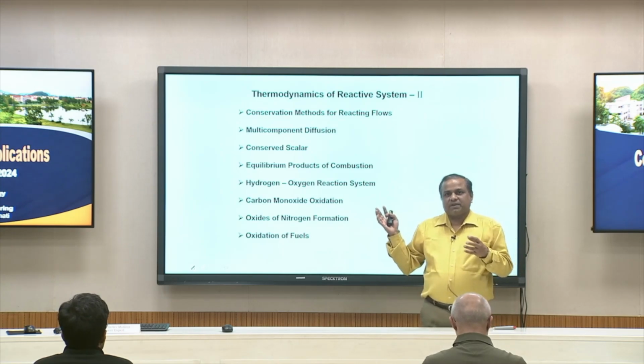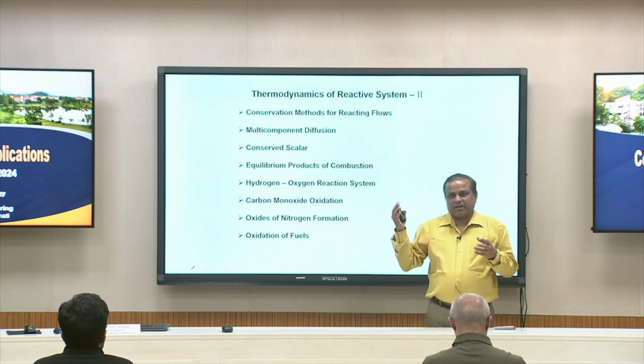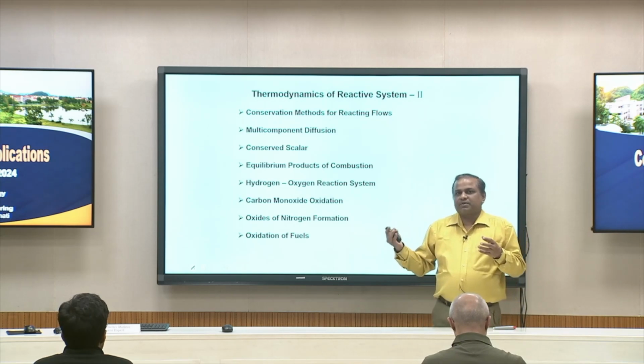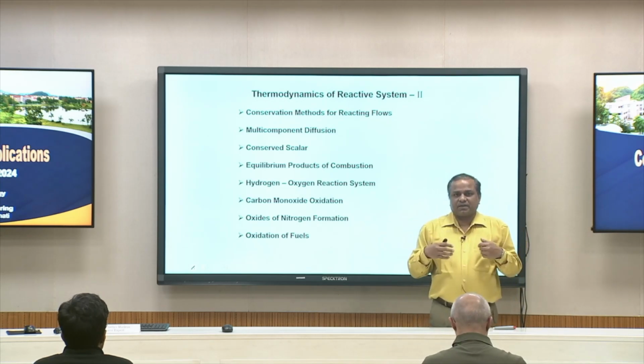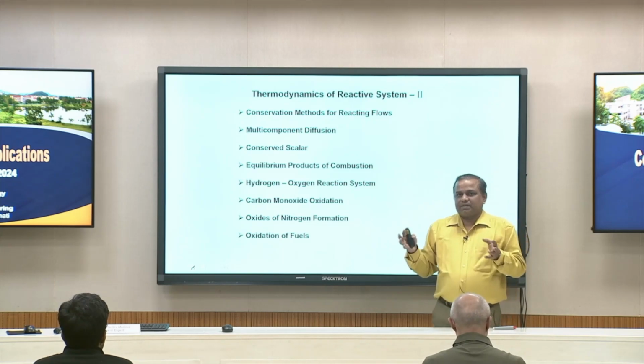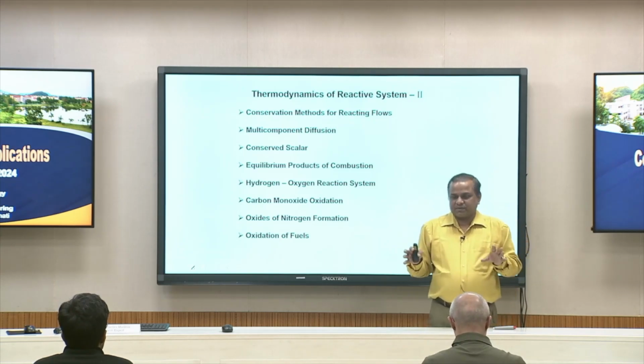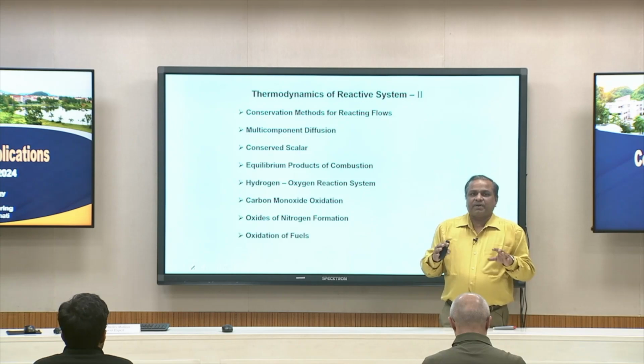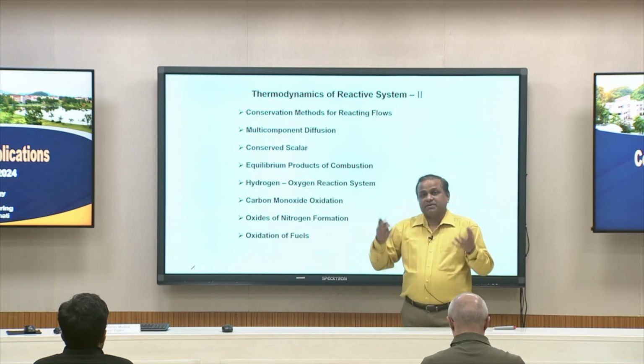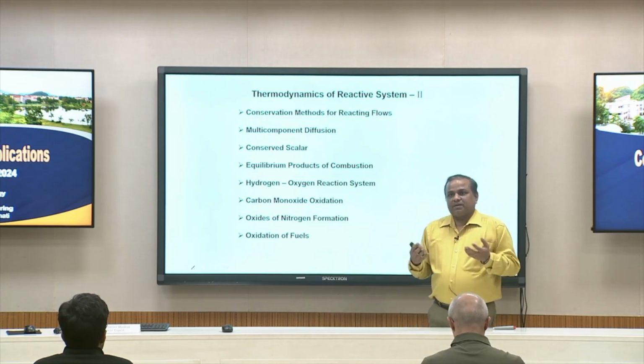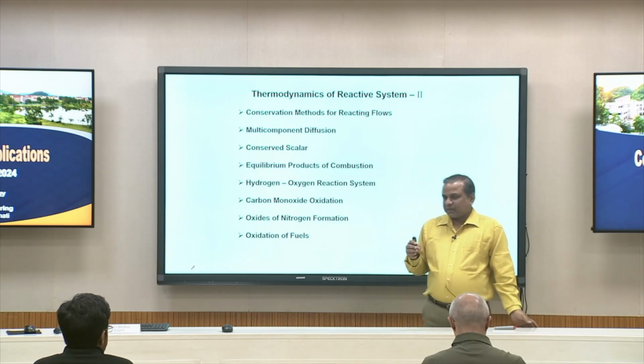I have already mentioned that there are global reactions and elementary reactions. Elementary reactions are based on the fuel and air constituent species, and the reaction can happen at the atomic level, the molecular level. It can also happen at the ionized level if the temperature is so high.